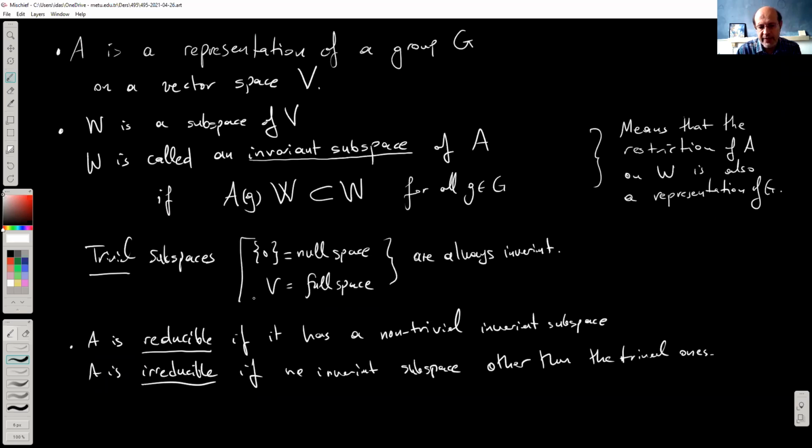So 0 and V are invariant no matter what the representation is, no matter what the group is, because these are trivial. Does the representation have an invariant subspace other than these? If it does, then we call the representation reducible, otherwise irreducible. Okay?